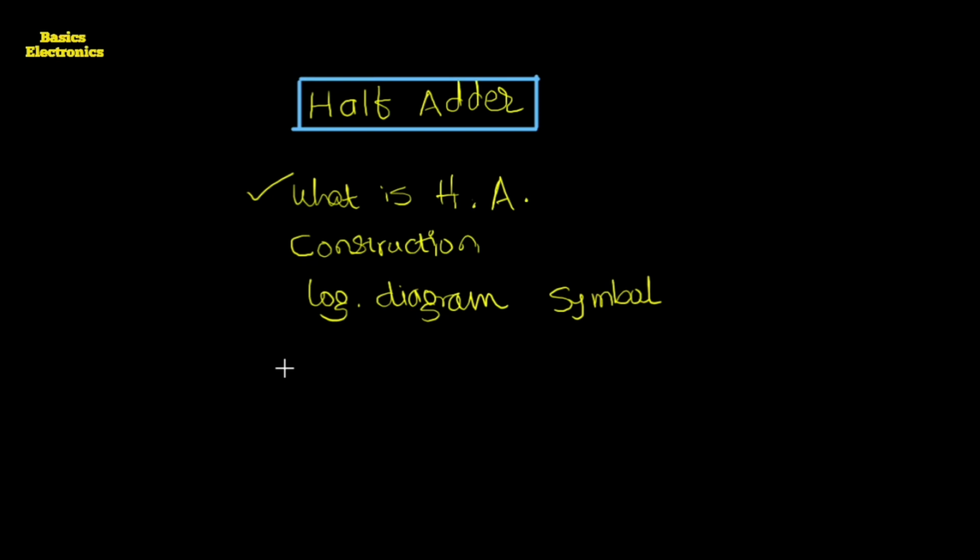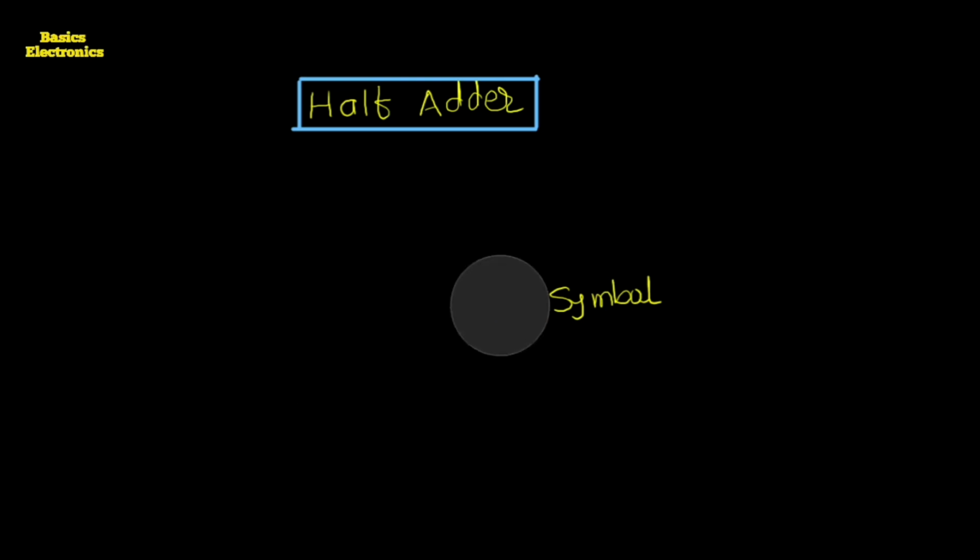So here we have to see first what the half adder is, how we can construct it, what type of symbol we use, and what the logical diagram of the half adder is.